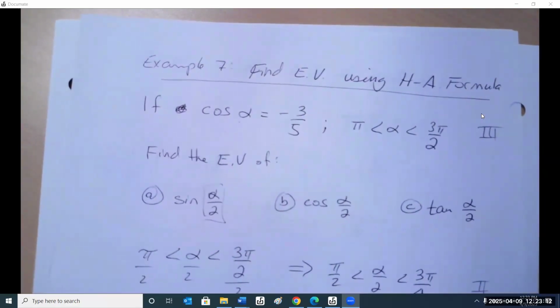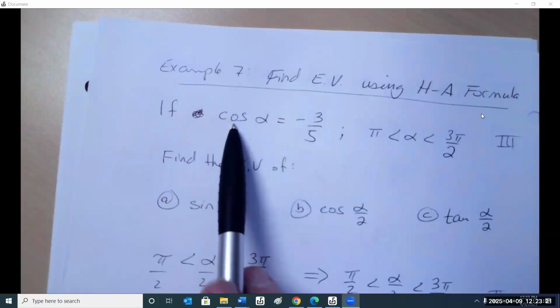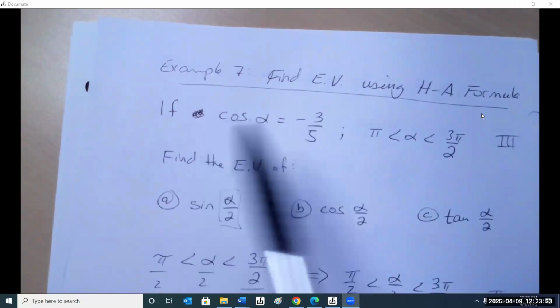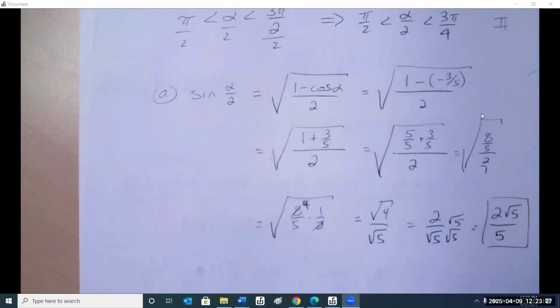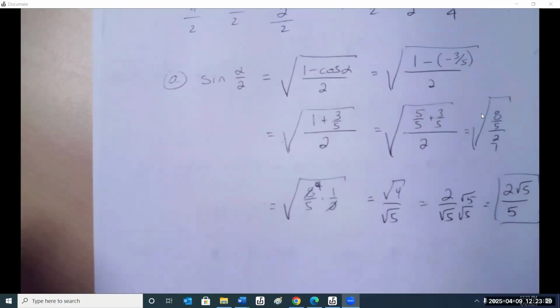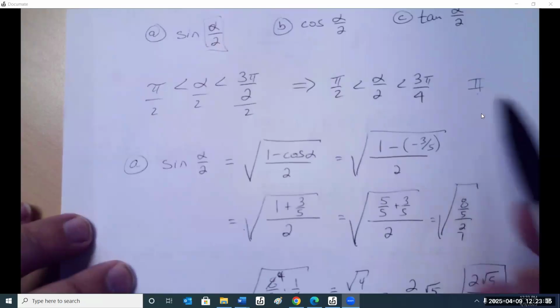On your homework or tests, it'll give you sine, but on the examples, it'll give you cosine. Normally, if they gave you sine, then you find cosine. But since they gave us cosine, all our formulas with cosine, we just plug and play. But the only thing you have to worry about is what sign you're using. So for the sine of angle over 2, we're in quadrant 2, it's positive.